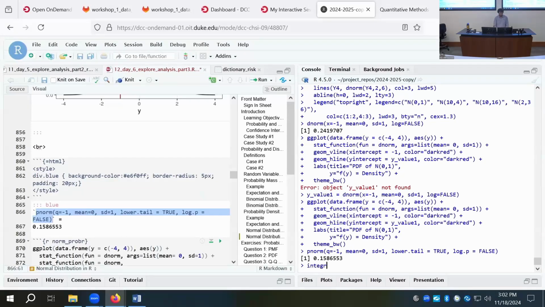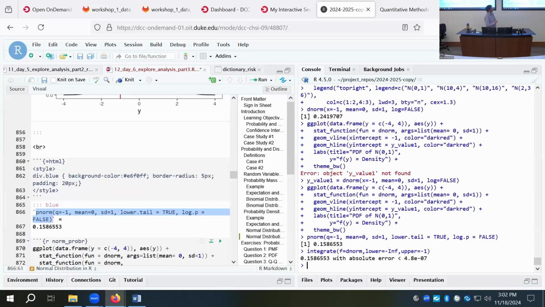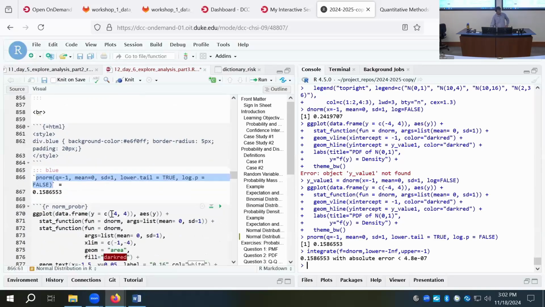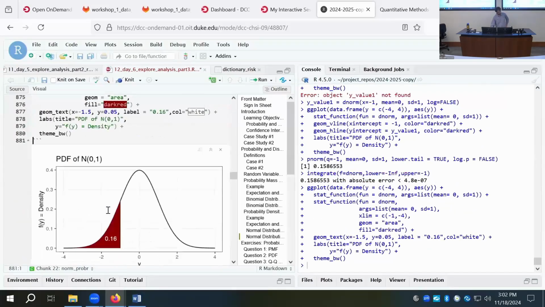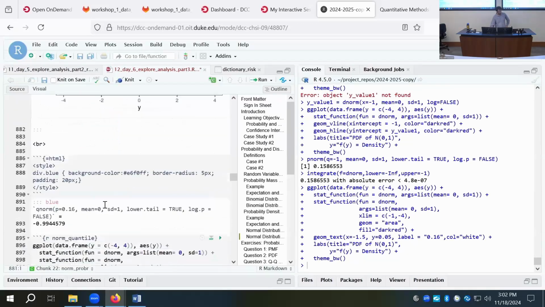But if we did integrate, f equals dnorm, lower equals -infinity, upper equals -1, it gives the same value, right? What this is doing, as I said, is taking this and shading it, estimating that area under that curve.